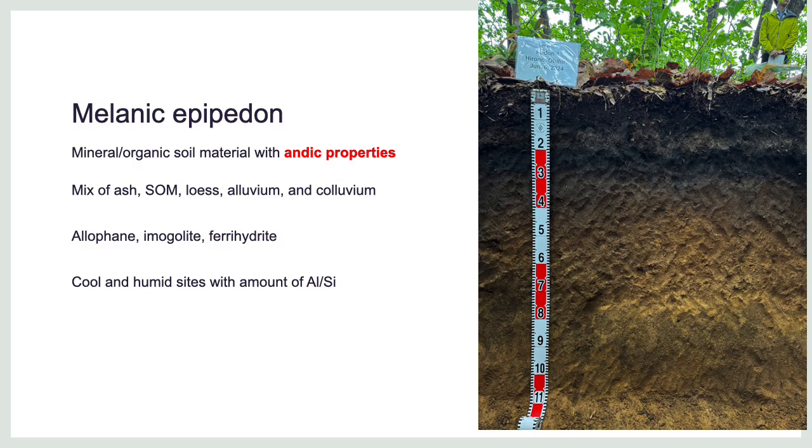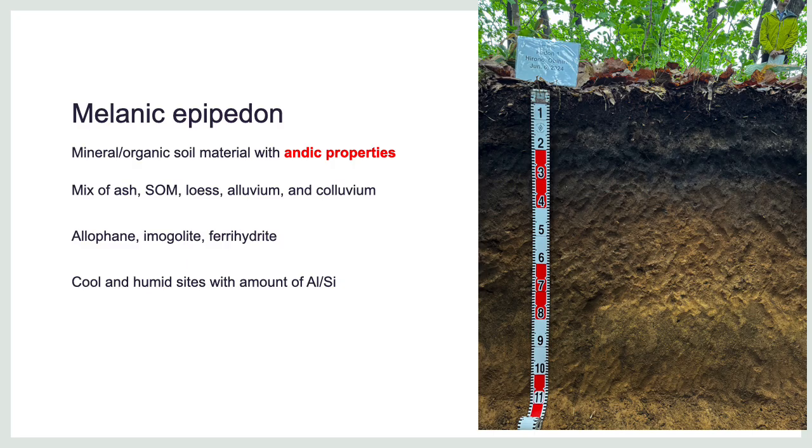So the organic carbon content could be equal to or higher than 12% or much less than that, okay? Because the organic carbon content in this specific case is not the most important property in the soil. The most important property in the epipedon in this case is the andic properties, okay?